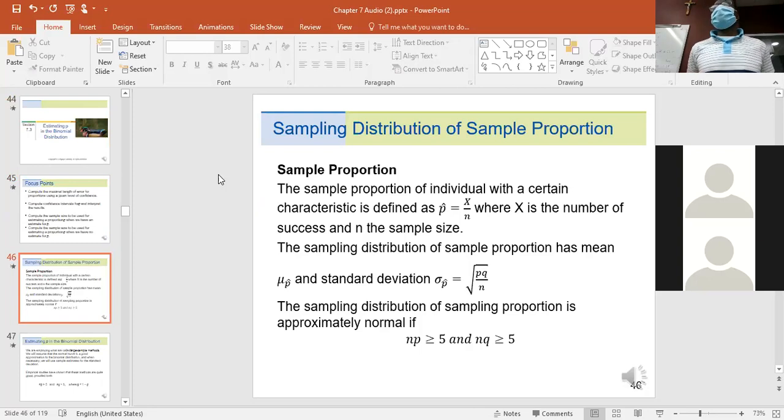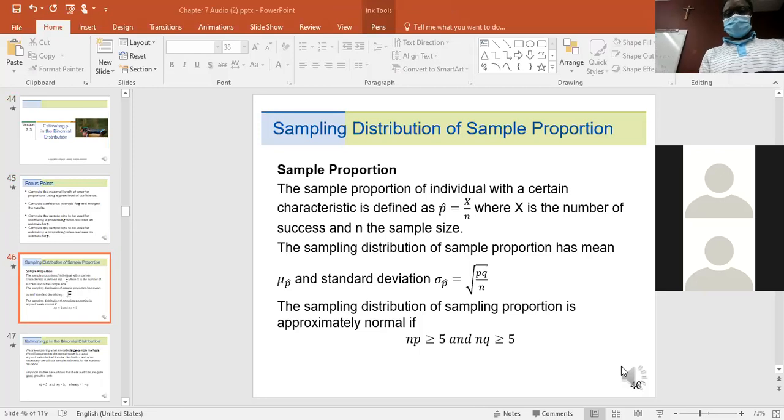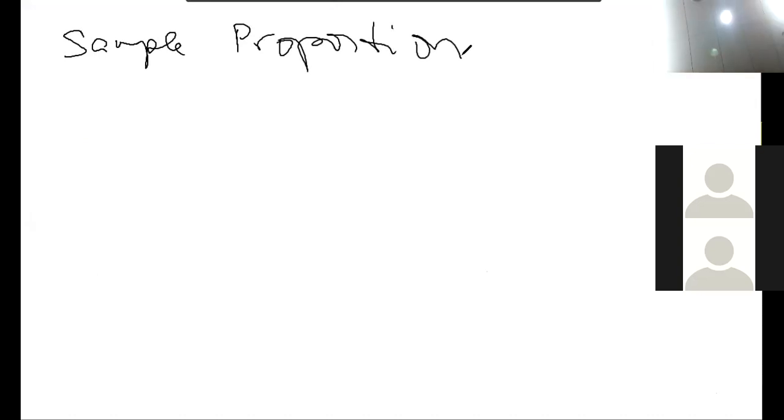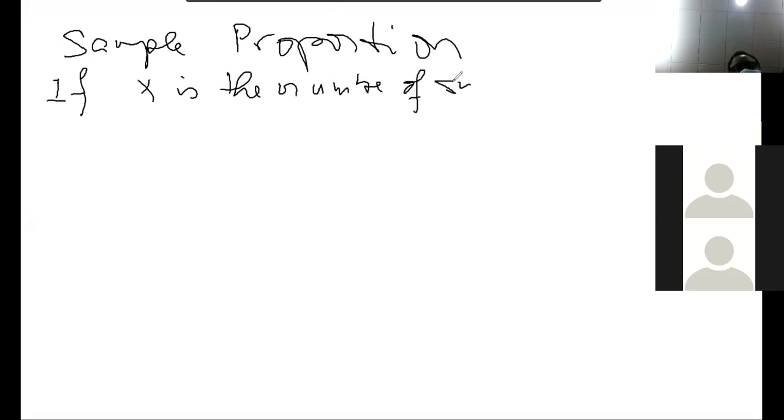We defined the sample proportion in section 6.4 as p hat, where x is the number of successes and n is the sample size.